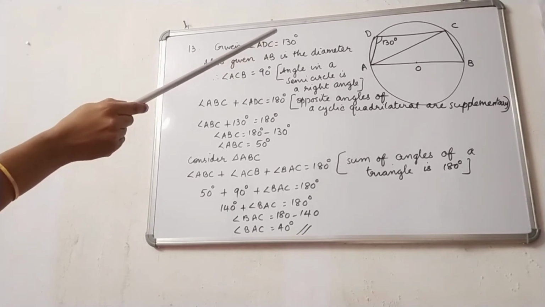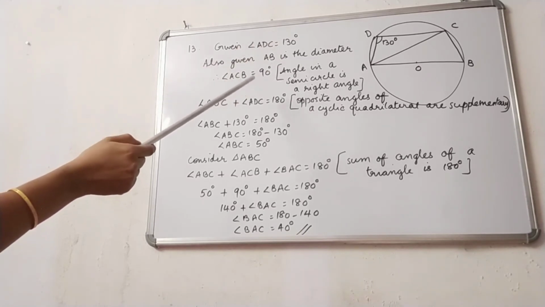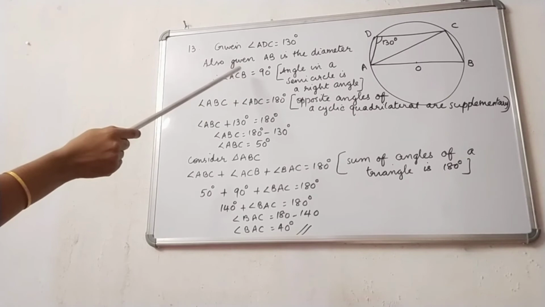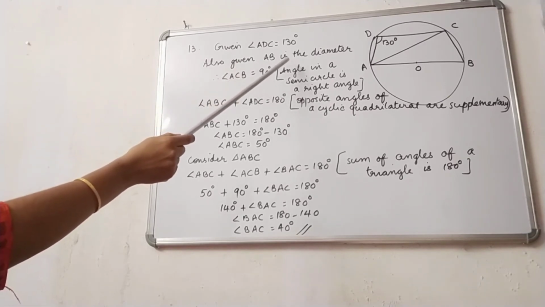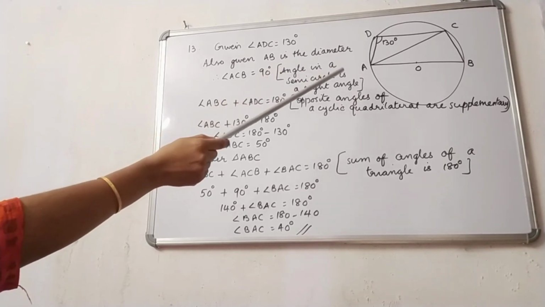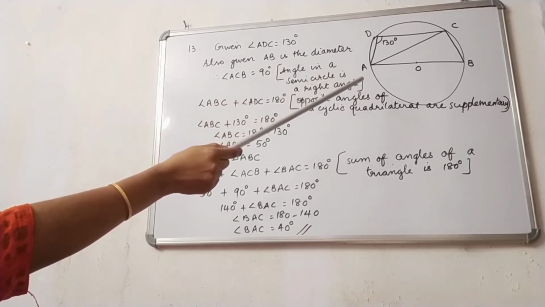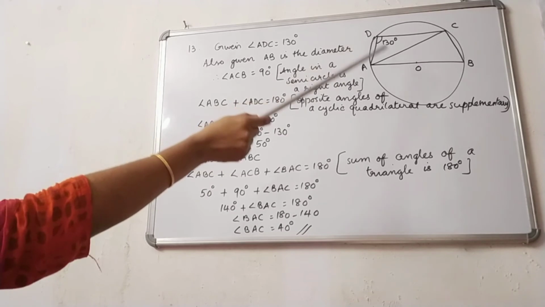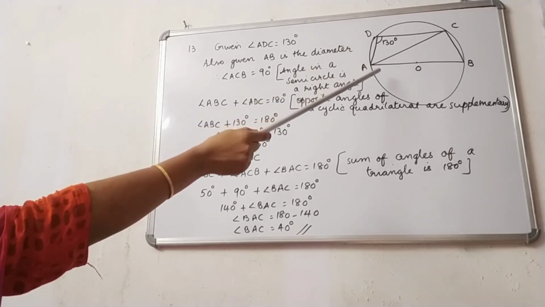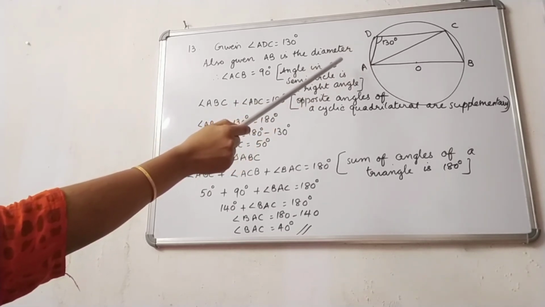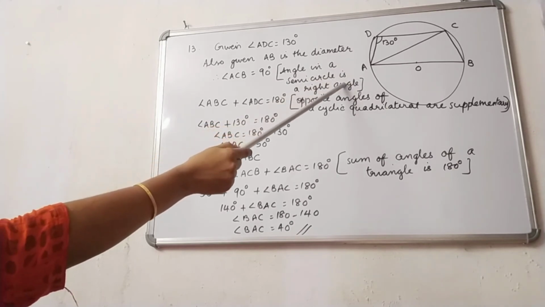Also given O is the center. So, that means AB will be the diameter of the circle. Since AB is the diameter, angle ACB will be 90 degree, since angle in a semicircle is a right angle.